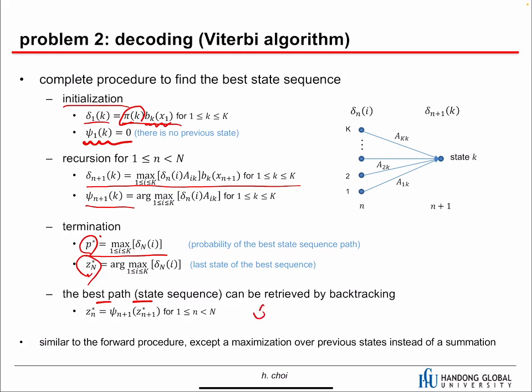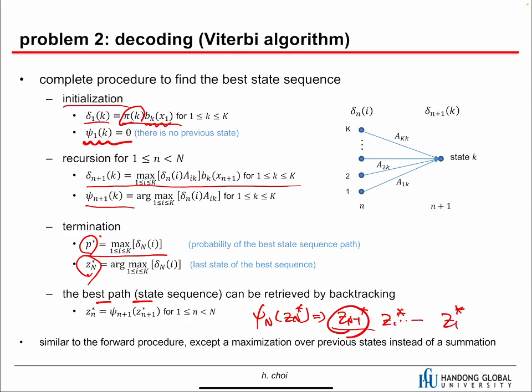And then psi n of z sub n star will give us z n minus 1 star. So from the last time step, we can check the best state of the previous time step. And then recursively, by backtracking, we can find the whole path.